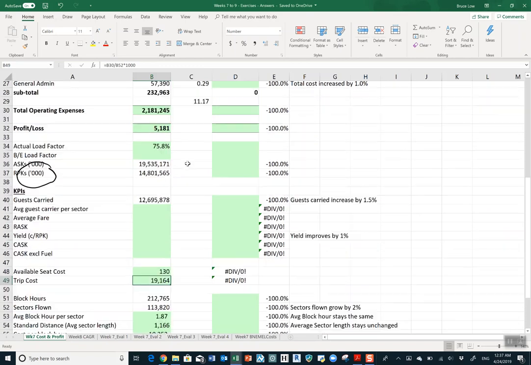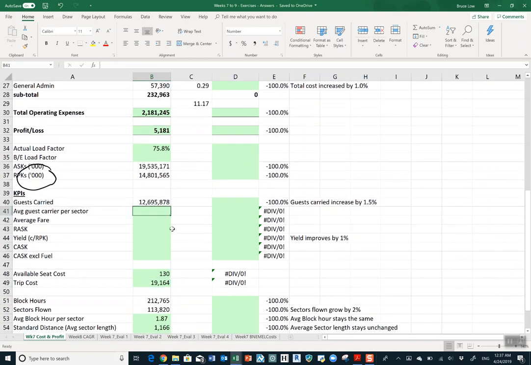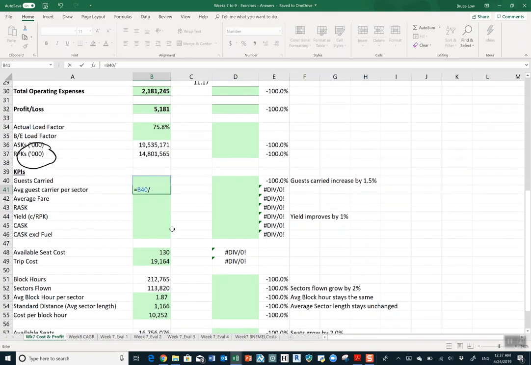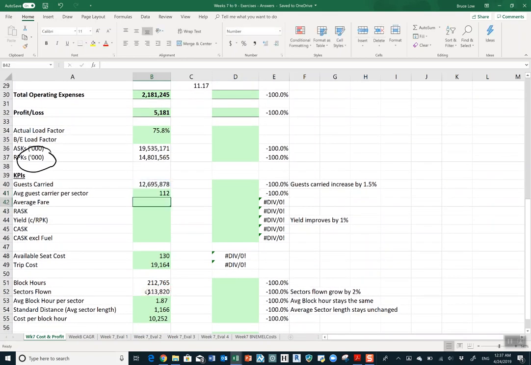What else can we look at? So let's work our way through these KPIs then. Average guest carriage per sector. So you've got guests and you've got sectors. So 112 guests per sector.